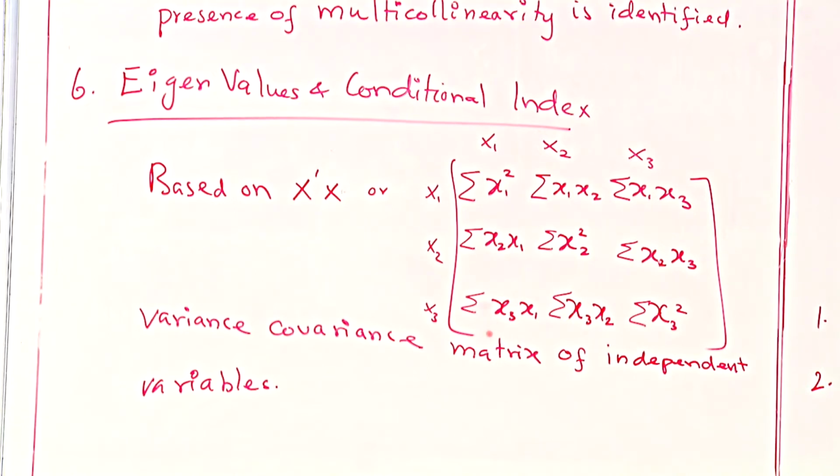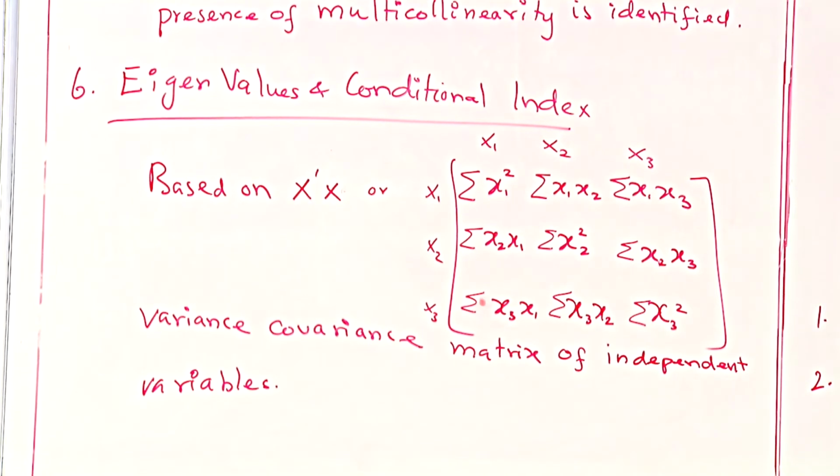This is the covariance between x3 and x1, this is the covariance between x3 and x2, and this is the variation of x3. So, this variance covariance matrix is computed.